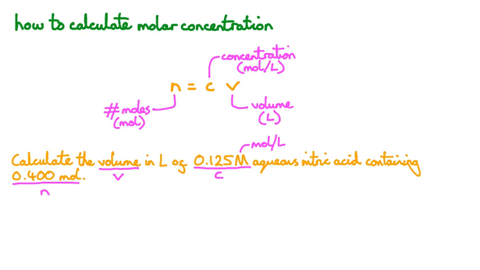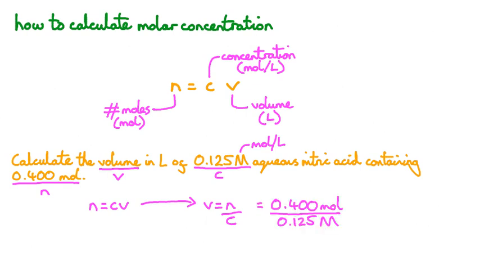So here we're going to need to rearrange our equation, which gives us V = n/c. Now we can substitute in our values, giving us 0.400 moles divided by 0.125 molar, giving us 3.2 litres.